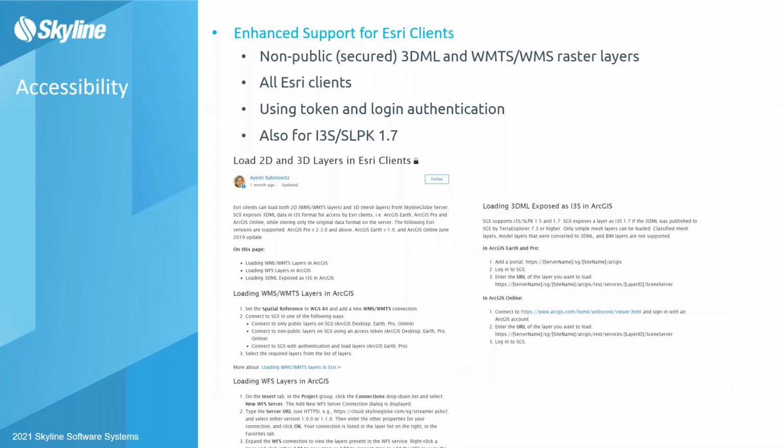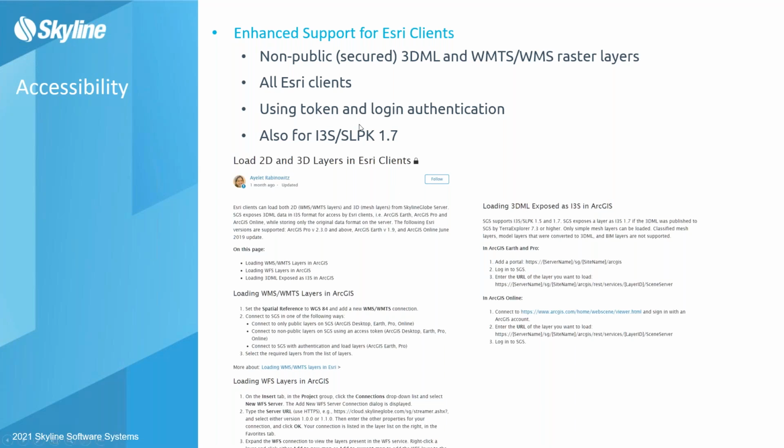So again, more on the enhanced support for Esri clients: using this negotiation and the mimicking of an Esri portal, when you connect from an Esri client, you can type in the username and password or the token, and then get access to non-public layers that are only allowed to be viewed by that user, based on the authorization level.